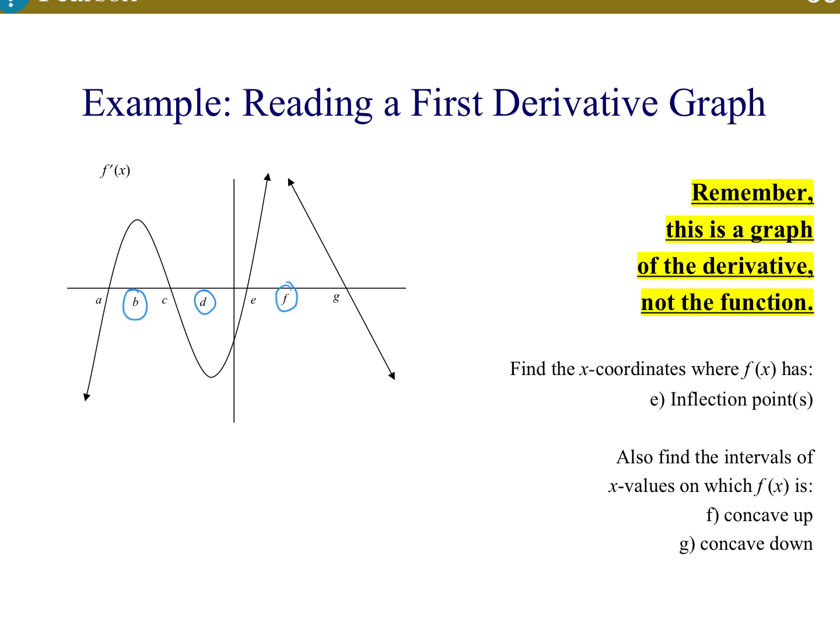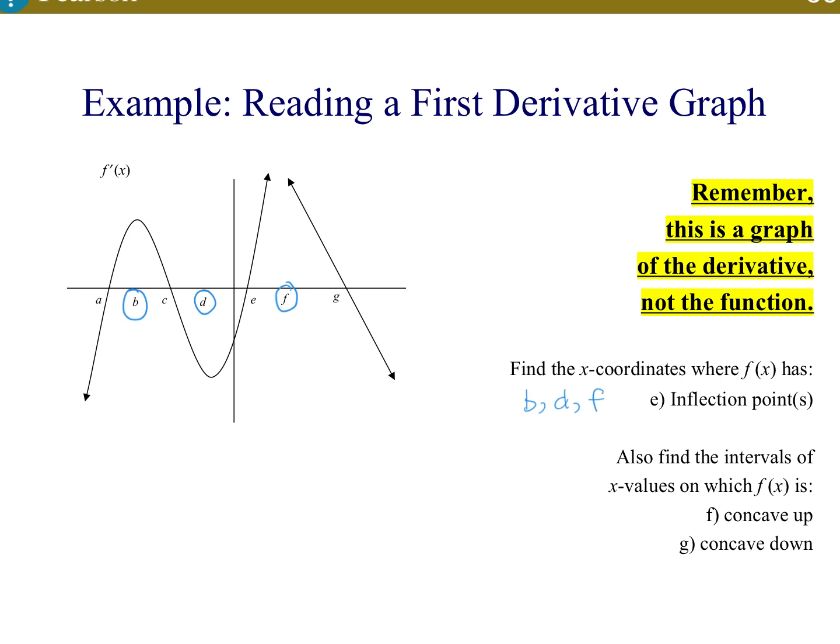So my inflection points can include a point of discontinuity. That's not a problem for an inflection point. So we'll have B, D, and F because the slope or the direction of the derivative graph is changing, which means it will be an inflection point on the original graph.